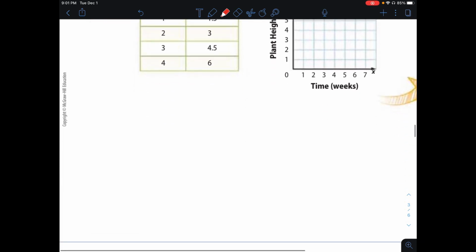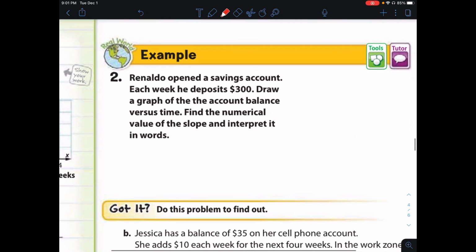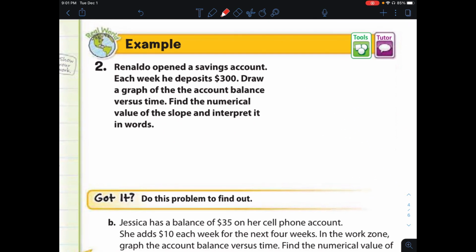Let's take a look at example number 2. In example number 2, Ronaldo opened a savings account, and each week he deposits $300.